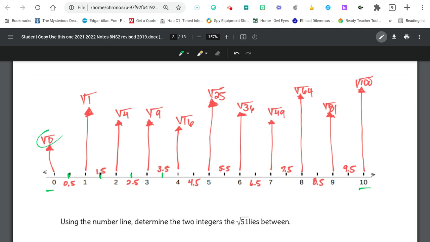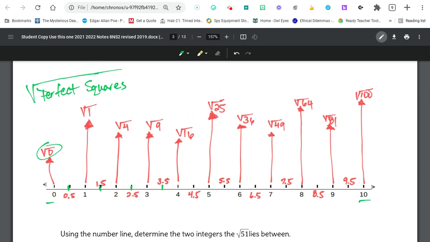But if you look at the top here, all of these are perfect squares. Well, actually, they are square roots of perfect squares, okay? At the top. So the square root of 0 is 0. The square root of 1 is 1.